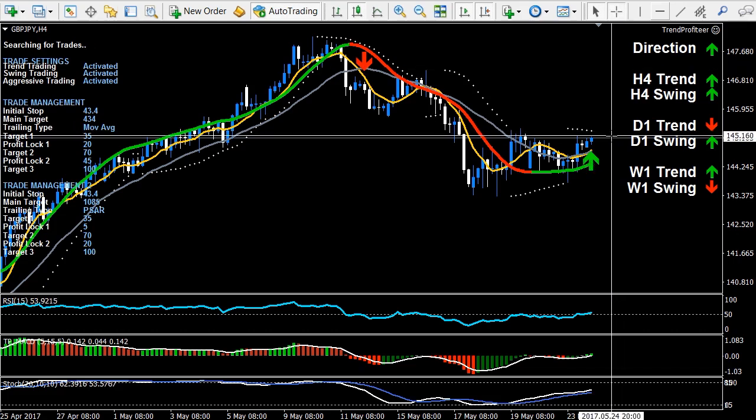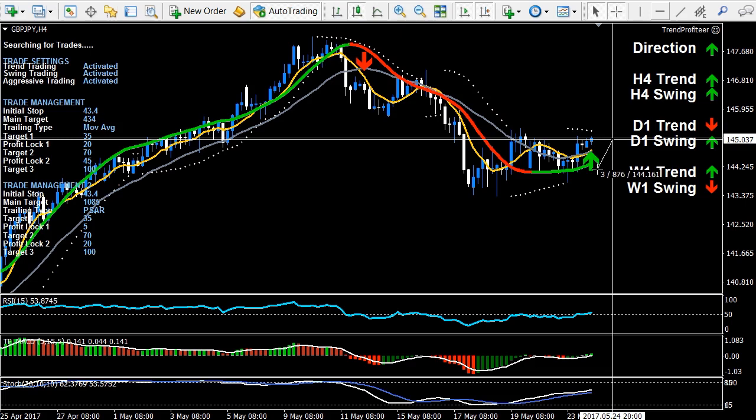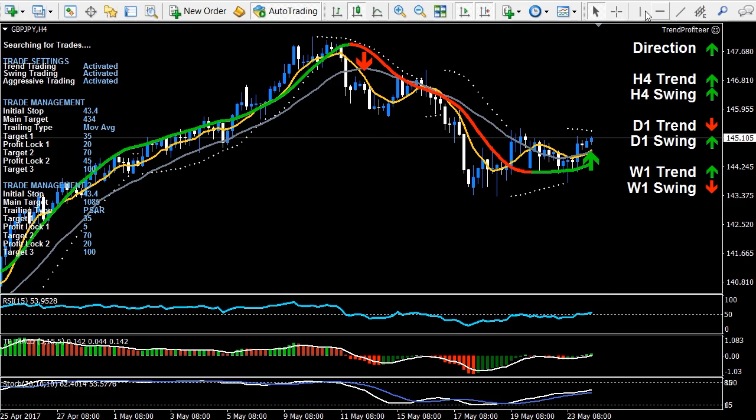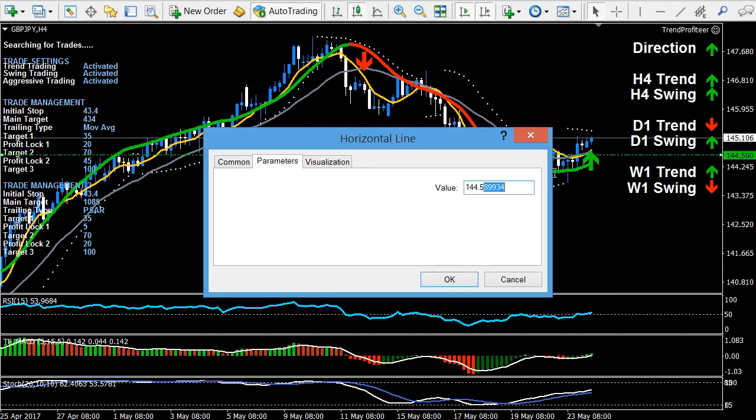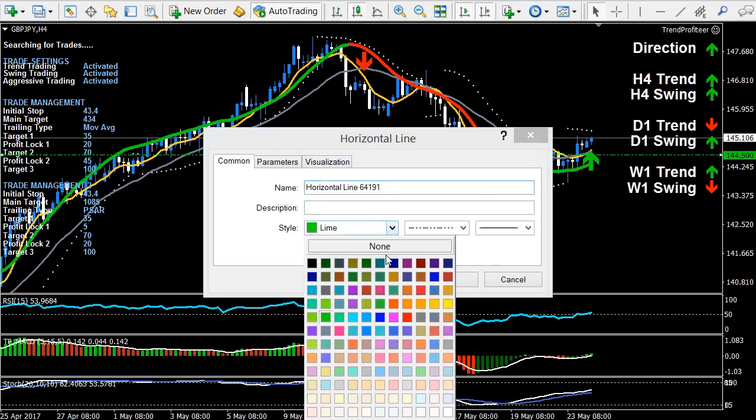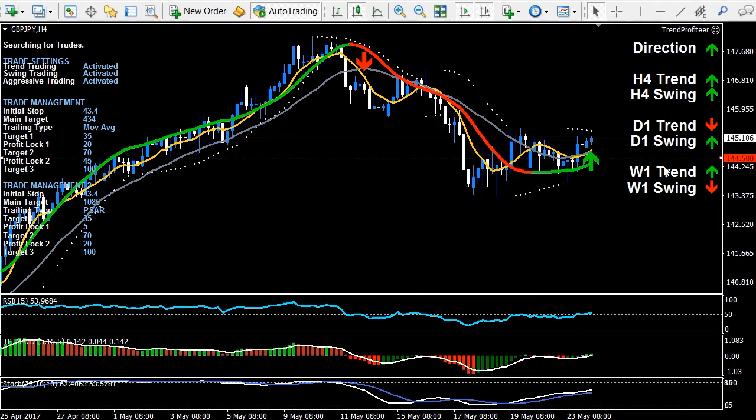So let's say we place our stop loss just under here, say 55 pips. We'll make it 144.50. I won't enter an order, I'll just place the horizontal line here, and we'll change this to red because that is our stop loss.